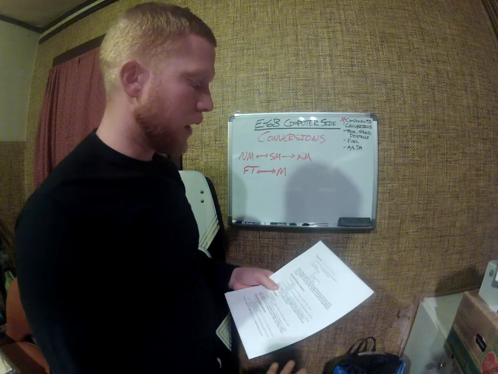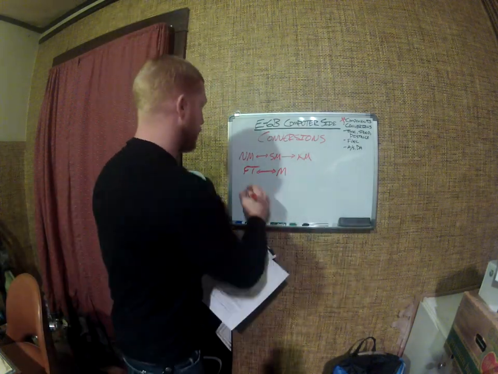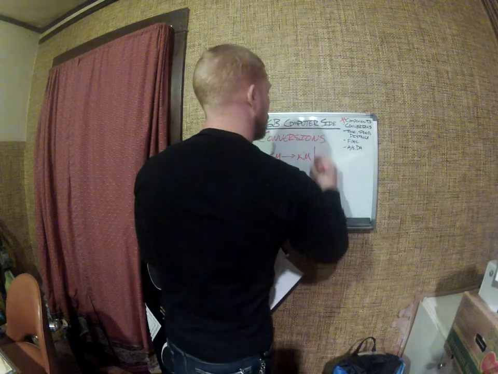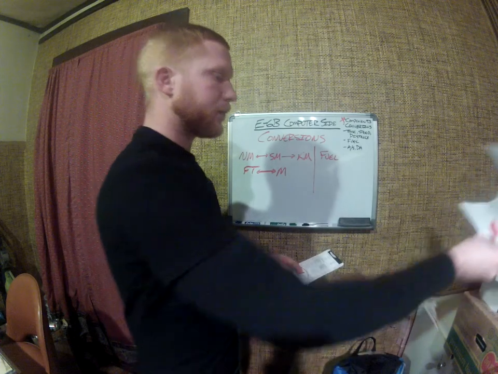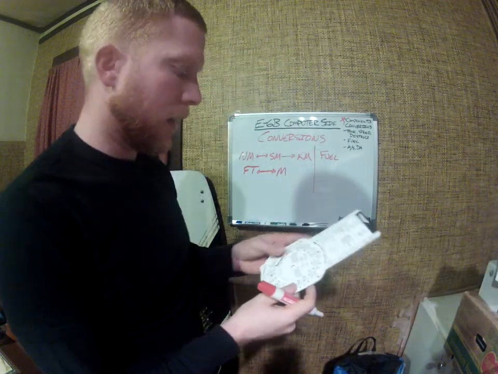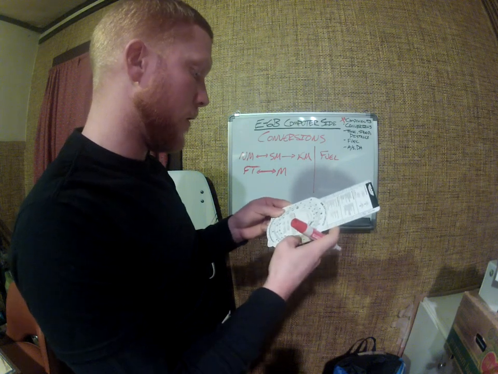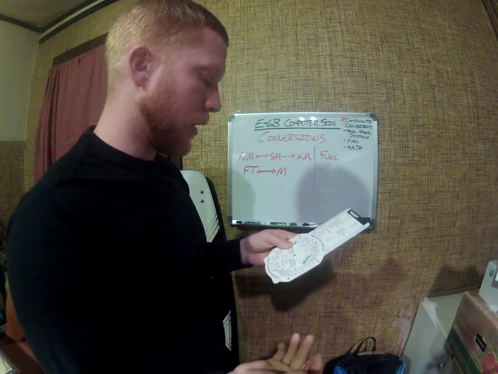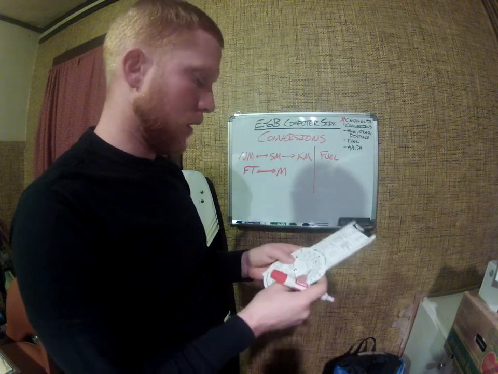We also have quantity and weight conversions. Our first is going to be fuel. I'll go ahead and write it up here. You want to figure out how many pounds of fuel you have.